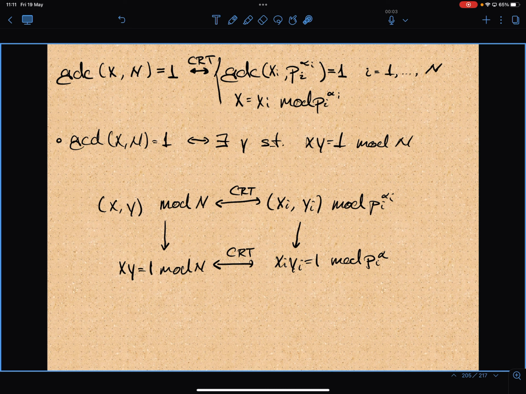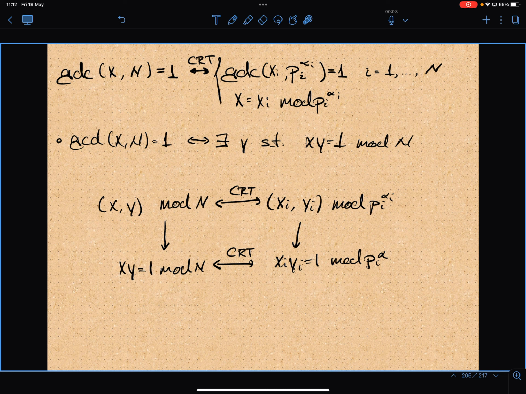And this is what happens. So in here, by the Chinese remainder theorem, if we have a pair of elements x and y, there's a bijection of elements xi, yi that map to each other. So x, an m-tuple of these xi's, is going to map to this, and this y is going to map to these yi's by the Chinese remainder theorem, in bijection.